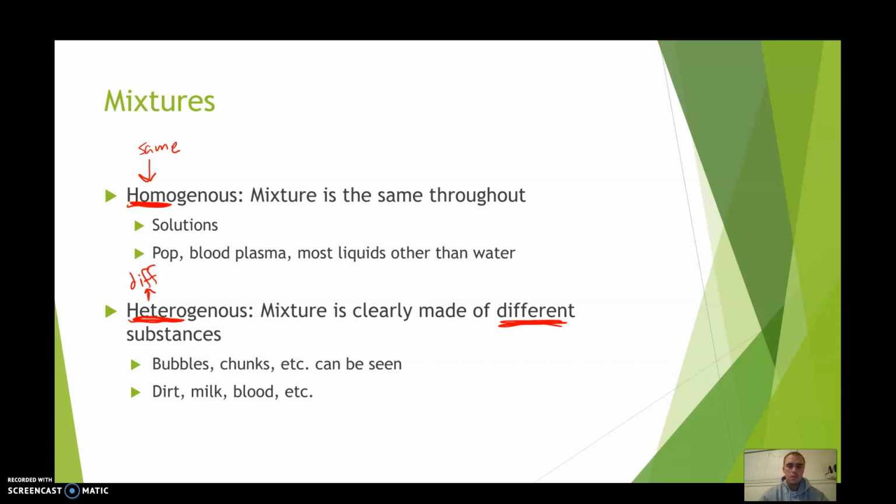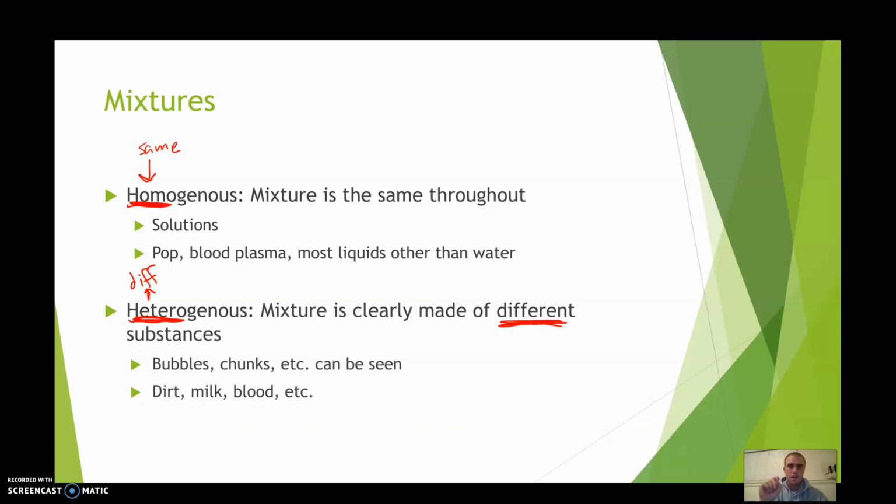And if you were to let it settle, and I know it's kind of gross, but if you took a sample of blood and let it settle, the blood cells and the platelets and the solid portions of that mixture, it's not a solution, would settle out and fall to the bottom, and then you would be left with a liquid up at the top, and you could visibly see different portions.